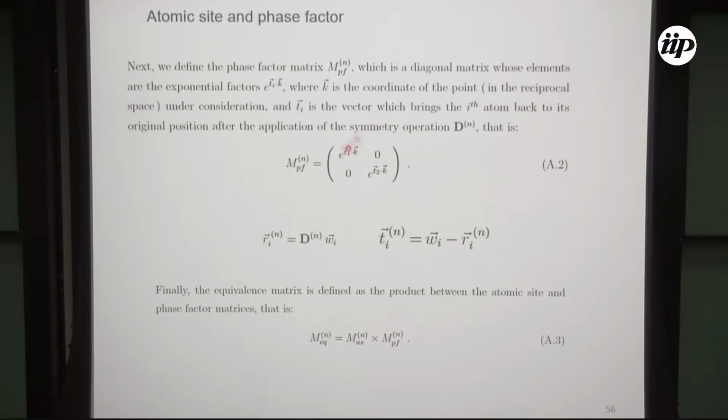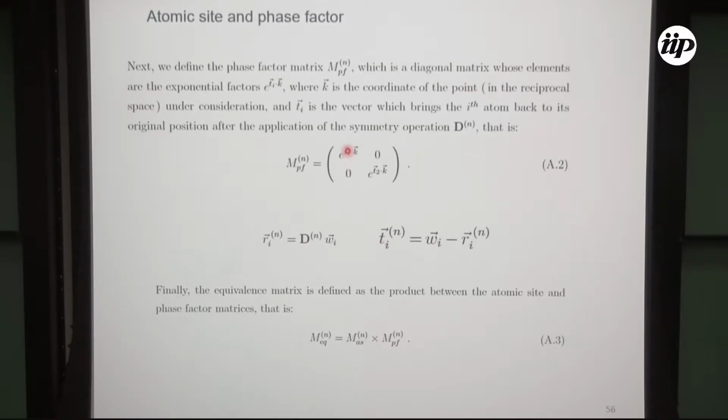Then we have to calculate the matrices, which is the matrix of the phase factor. What's the matrix of the phase factor? We have to build these matrices here, and we have the exponential of T1 times scalar k. T1 is the vector that brings the atom back to the original site.